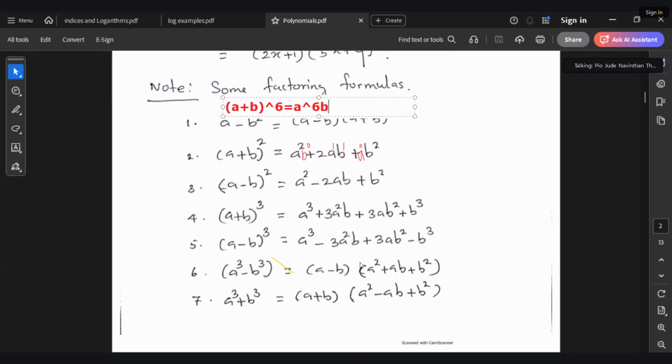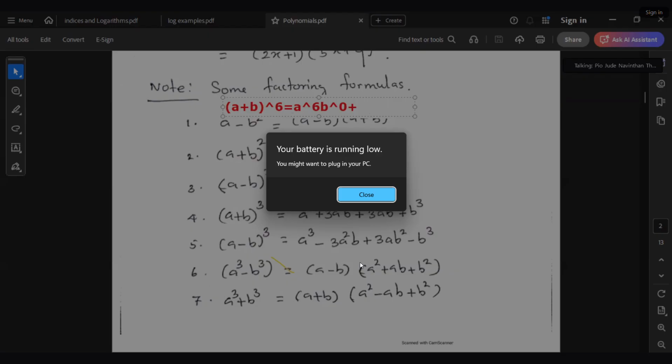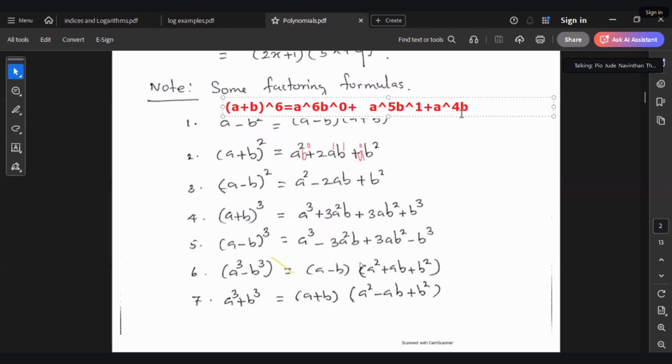We need to put them in. And the second element, A's power is less by 1: A5, but B will increase, B1. Plus. Again A is decreasing: A6, A5, A4 into B. Here B0, B1, B2.